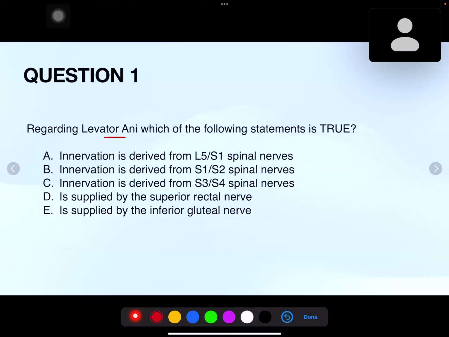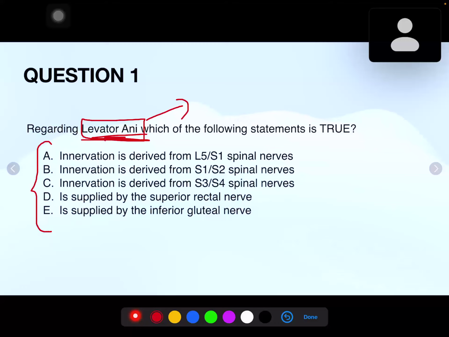This one is regarding levator ani. Which of the following statements is true? Basically, they are asking you about the innervation. So what is the innervation of levator ani? Can anybody answer this question?